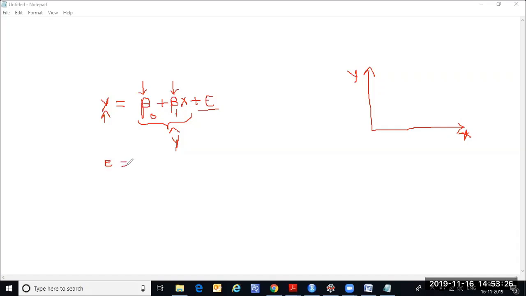So to calculate the error, the formula will be y minus y cap: actual value minus predicted value. Clear?